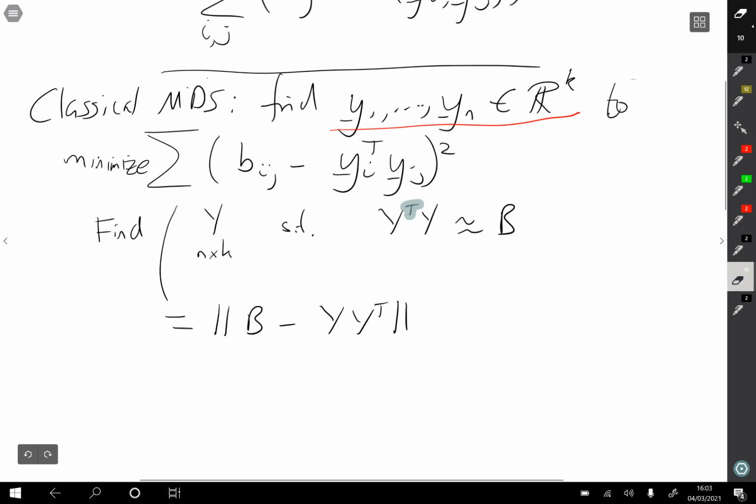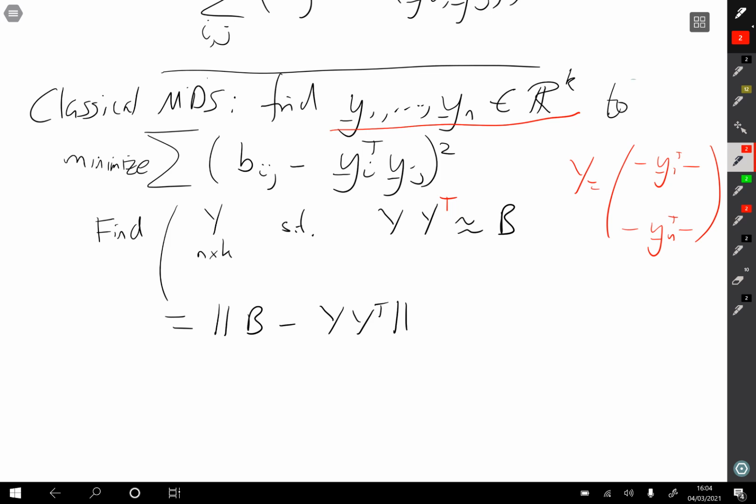This should have been y y transposed, because y has as rows the vectors y1 transposed down to yn transposed. So you want to find a matrix y so that y y transposed is approximately equal to B, and this is equal to the Frobenius norm squared. That was the definition of the Frobenius norm.